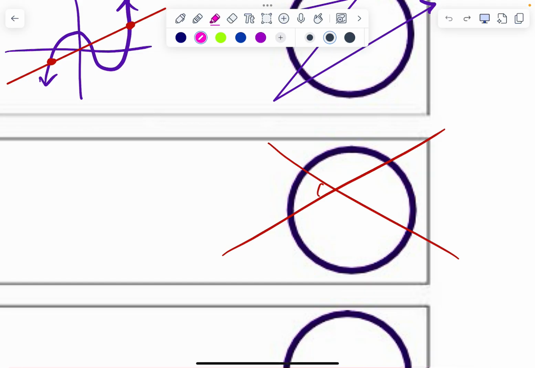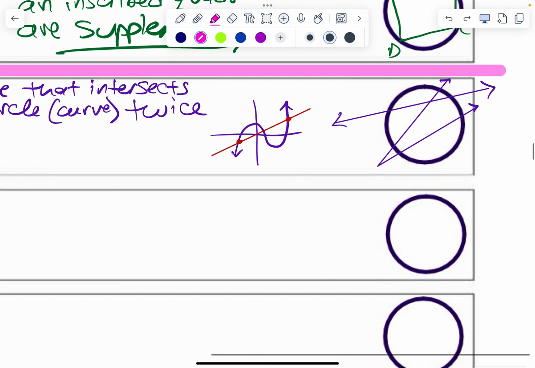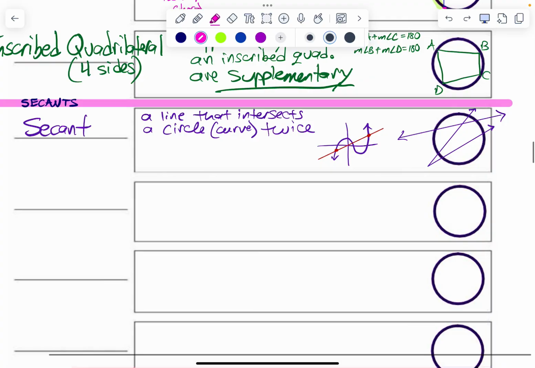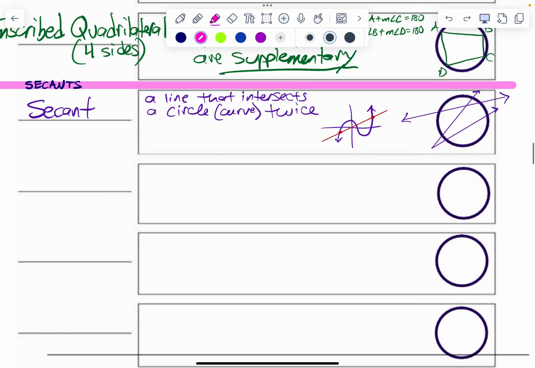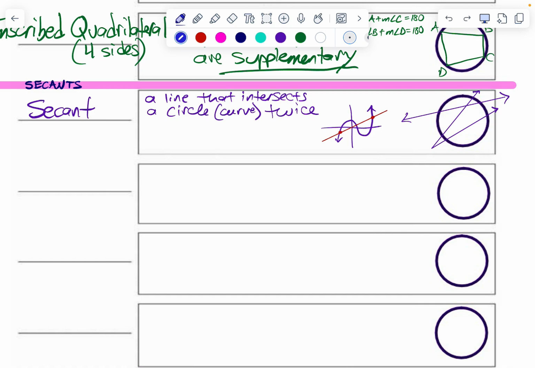And there's a consistent relationship. So first one, we'll say secant. Actually, before we do that, let's make sure we're clear that this is the angles side of secants, because then we'll come back and do all these with lengths as well.